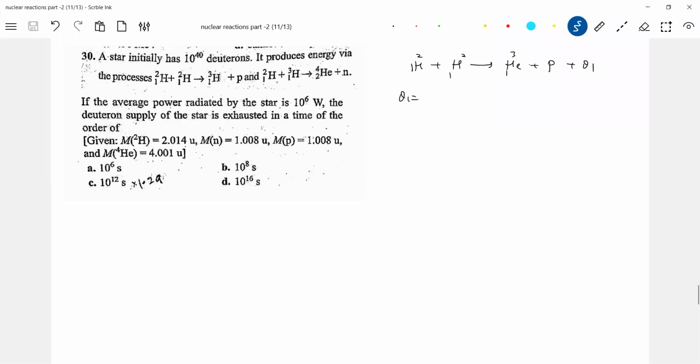H3, it should be 1H3 only. 1H2, 1H2, 1H3. This much information is available, no problem. Now the He should not be He, it should be 1H3, tritium.